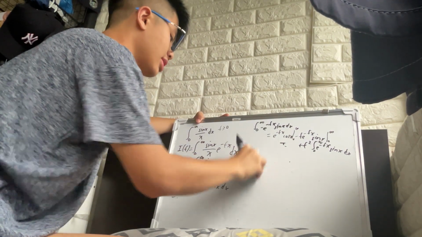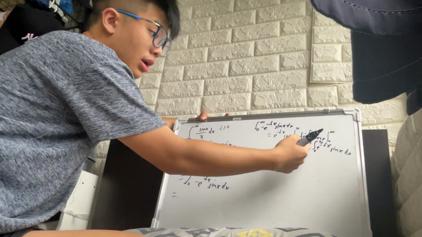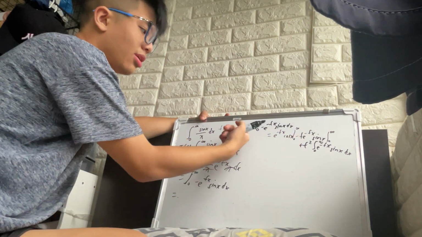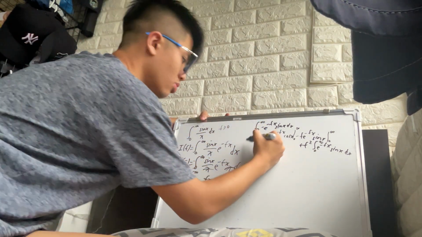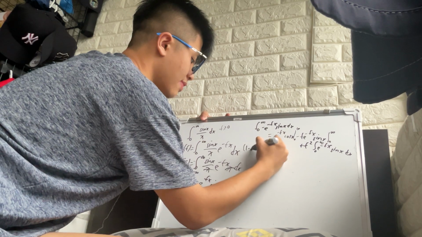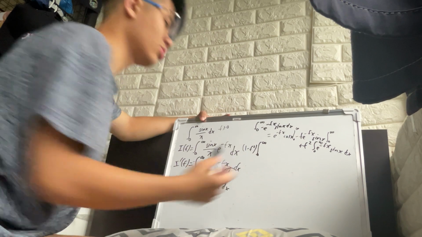So overall, this is a repeating situation in our integration by parts. Put this on the left-hand side, and you just get 1 minus f squared times the integral of this. But in front we have a negative.